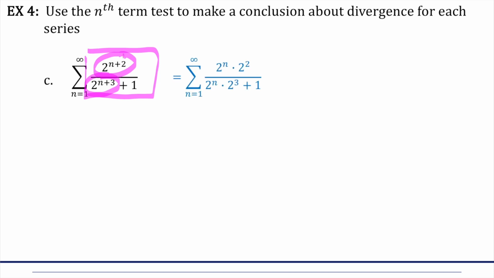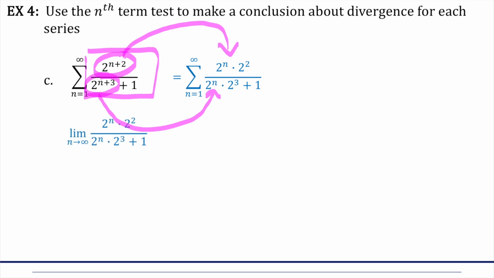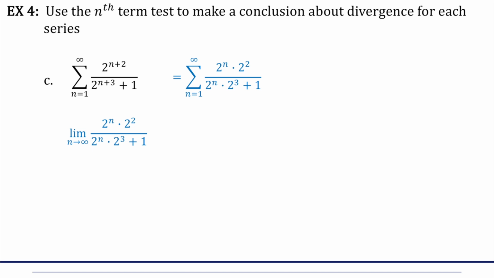So 2 to the n plus 2, I can rewrite that as 2 to the n times 2 to the 2. And 2 to the n plus 3, I can rewrite that as 2 to the n times 2 to the 3. Now I can take the limit as n approaches infinity of that, and the 2 to the n's cancel each other out.